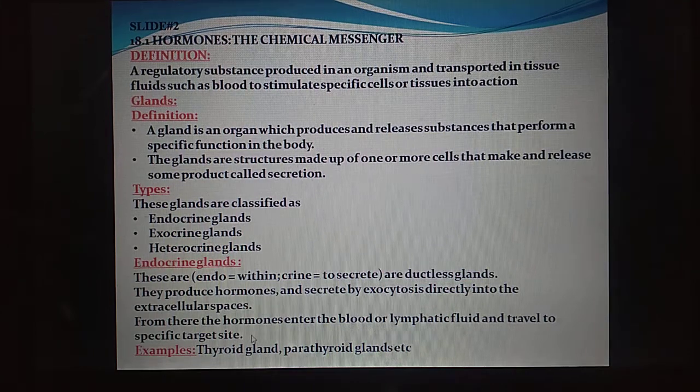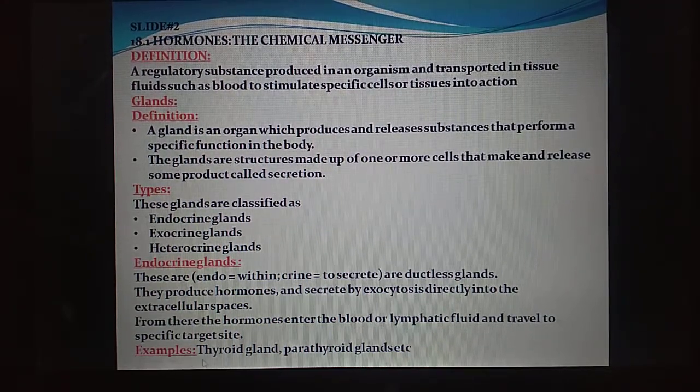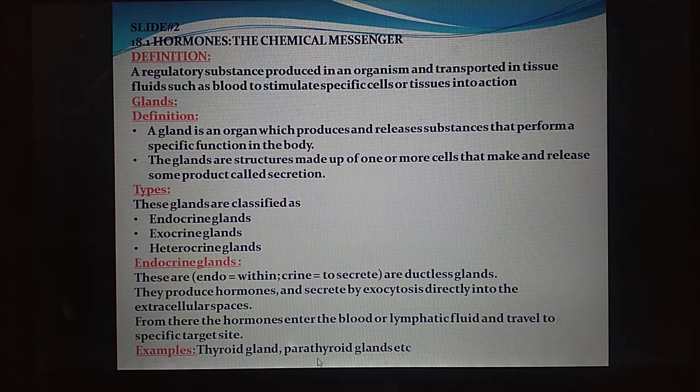But the response is given only by the targeted cells, because they have a specific receptor site for these specific hormones. For example, the thyroid gland and parathyroid gland are examples of what? Endocrine glands. Why? Because they pour their secretion directly into the bloodstream, right? And then it reaches the targeted cells.